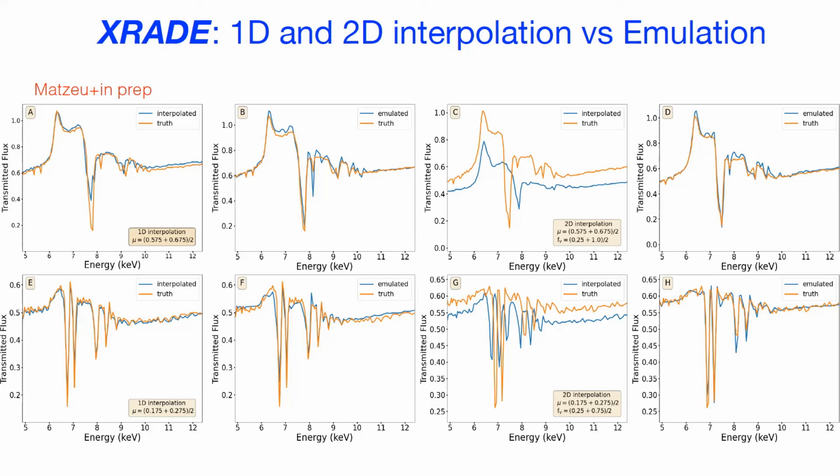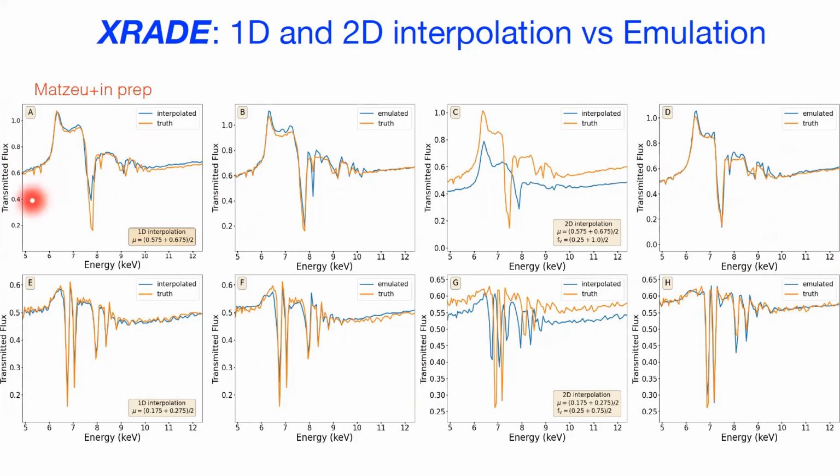You get something in between, especially if the model is really sensitive to these kinds of things. In this case, the first row and bottom row are absorption features in the iron K band: one is a very broad feature and the other a very narrow feature. I wanted to show the two extremes.